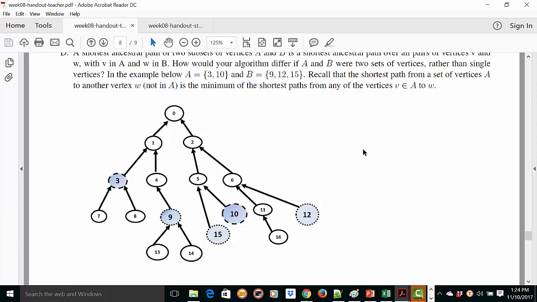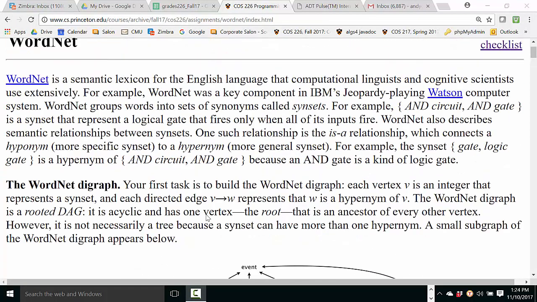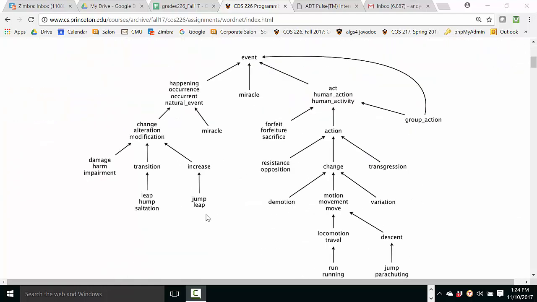All right, so next I'll talk about the assignment. So finally, let's go with the assignment. The assignment is about WordNet, which is a very important, interesting project from Princeton. Essentially, there's a relationship: jump is an increase, or jump is a descent.